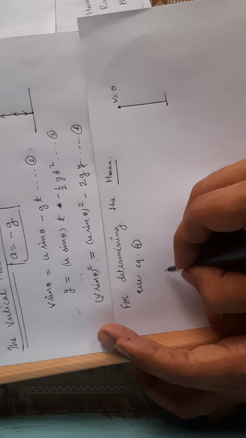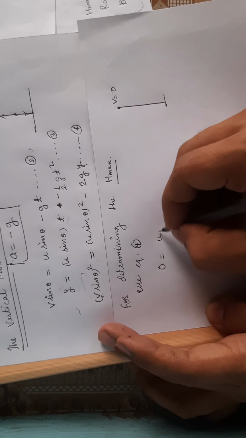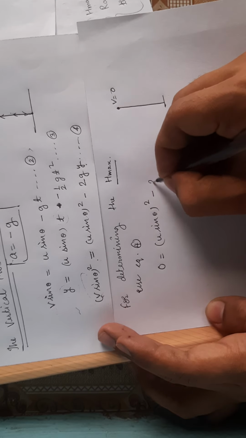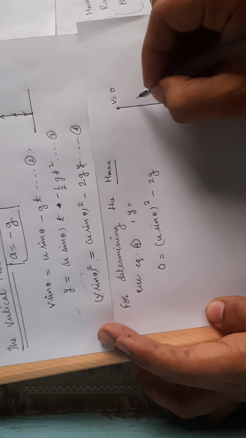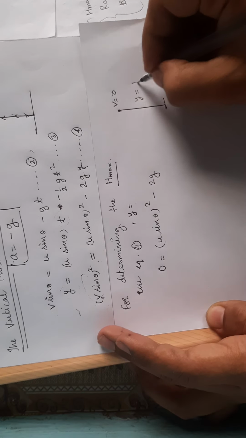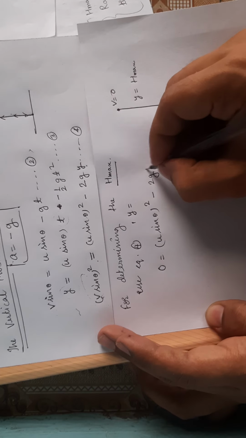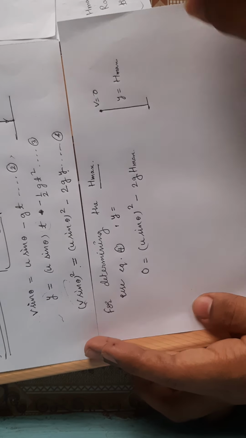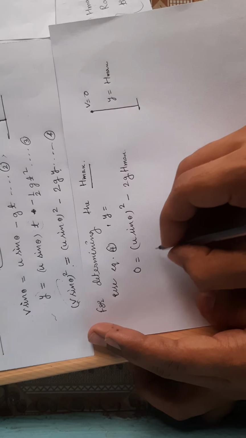So equation 4 will equal 0, which is equal to (u sine theta) whole square minus 2g times y at this position. Y is what? Y is Hmax. So we can write y as Hmax. Then after rearranging this equation, we get the answer.